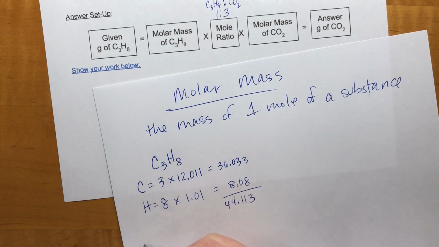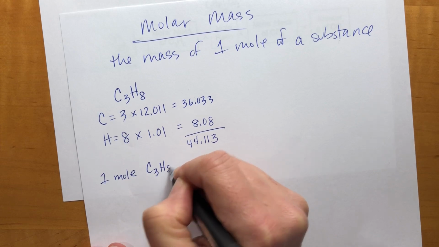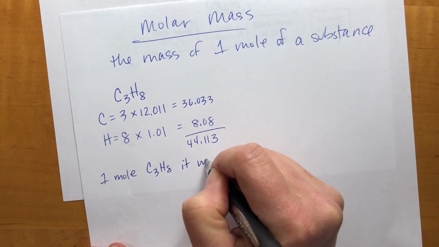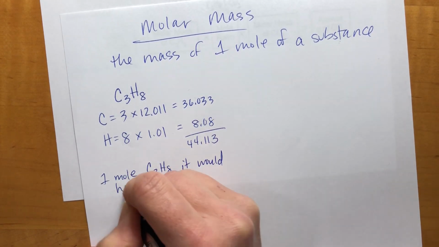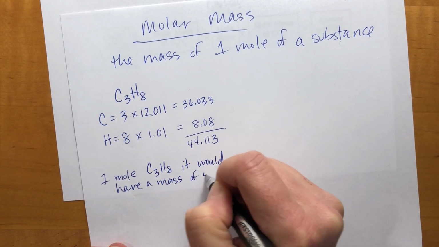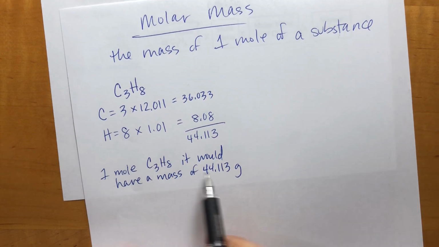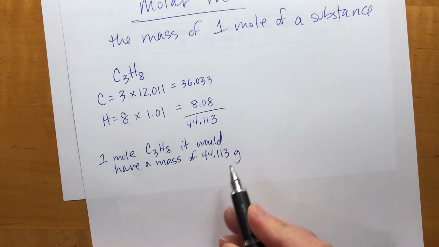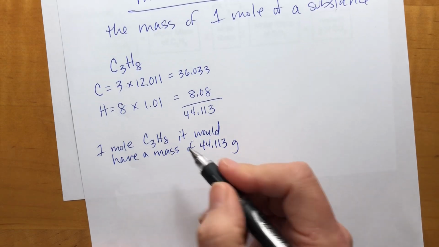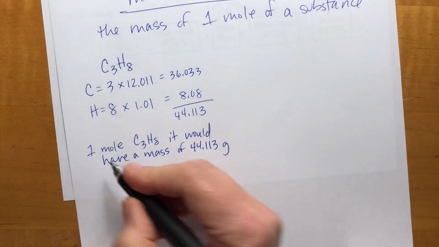This means that if you had a mole of propane, it would have a mass, or weigh, you could say, it's not exactly correct, would have a mass of 44.113 grams. And because you know that these are related, you can set up conversion factors.